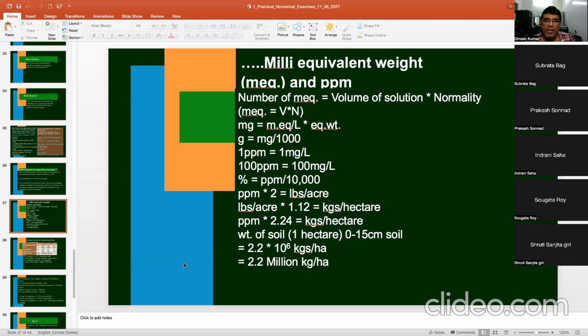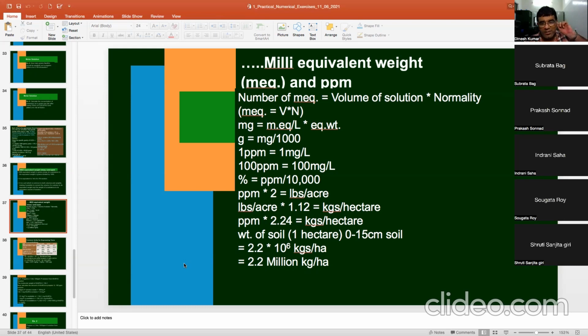If you multiply it by equivalent weight, you will get the value in milligram. This is a fact. And I know only this one, that to get milligram, you multiply milliequivalent by equivalent weight. Derivation and those things are not clear to me, but I will try to find it out. I will try to learn it from some source and come back to it.